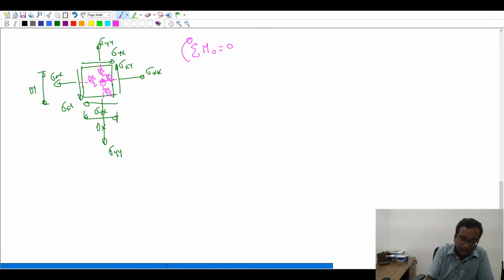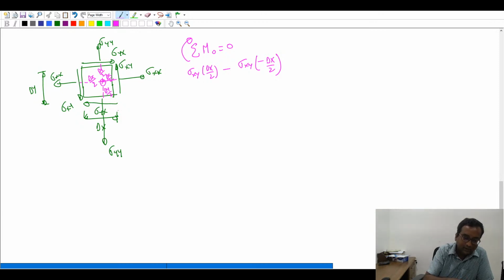This equation will tell me that sigma xy into delta x by 2 minus sigma xy into minus delta x by 2, or sigma xy into delta x, the lever arm.